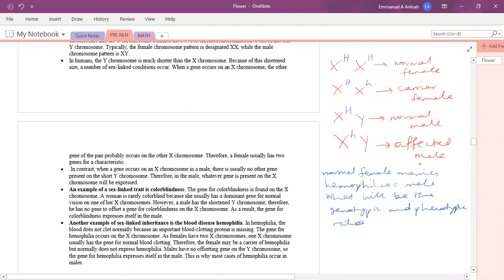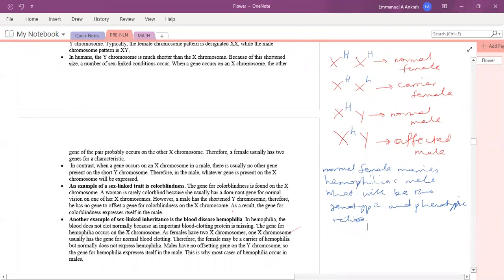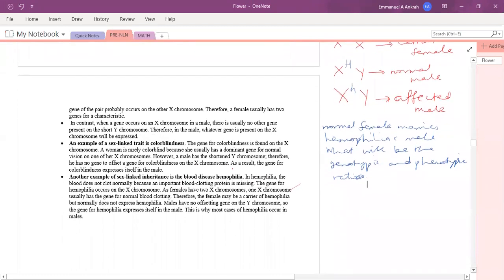All right, so once they mention hemophilia, you have to know that it's sex-linked inheritance, or sometimes they'll tell you in the question. So you're going to use X and Y in this case because it's sex-linked. The normal female, we expect to be X uppercase H and X uppercase H. That would be the female.